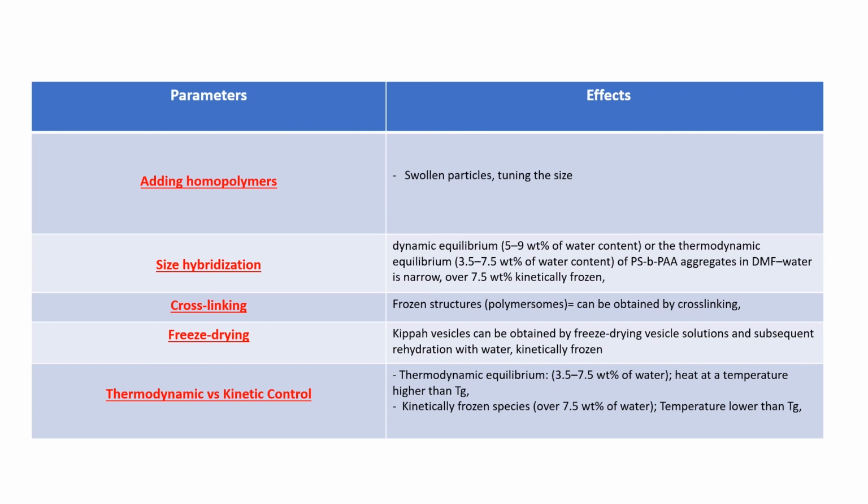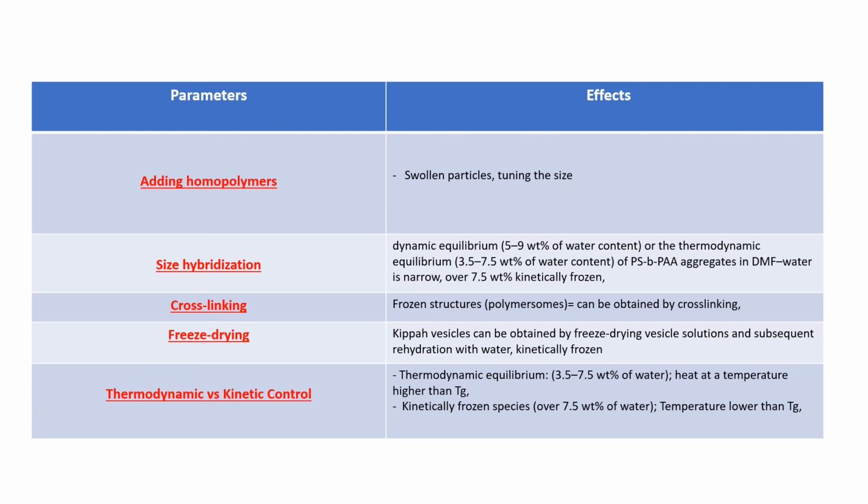Keep in mind that to get a thermodynamic equilibrium, it needs time, and it also needs to work at 3.5 to 7.5% of water content. And to get dynamic equilibrium, you have to work between 5 to 9%.